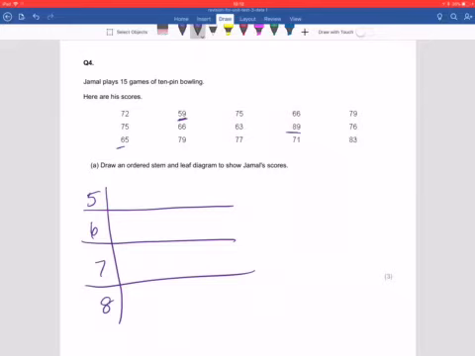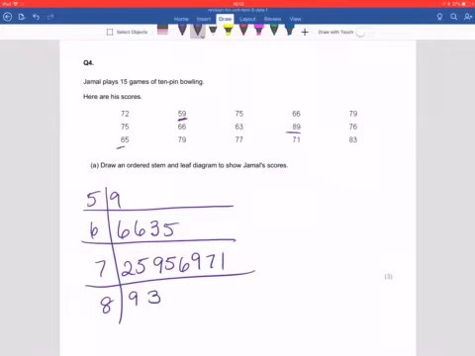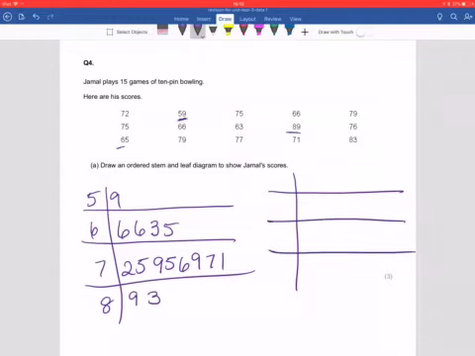Right, 72, 59, 75, 66, 79, 75, 66 again, 63, 89, 76, 65, 79, 77, 71 and 83. So I'm going to do it again with a ruler, you will do, a nice pencil.